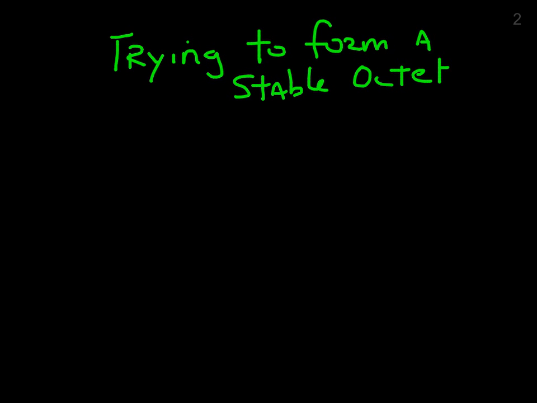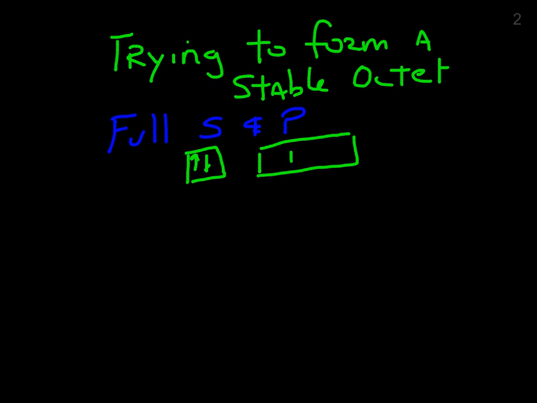And what a stable octet is, is a full S and P sublevel. And if you remember what an S and P sublevel looked like, an S was one orbital with 2 electrons possible. A P was 3 orbitals with 1, 2, 3, 4, 5, 6 possible electrons.